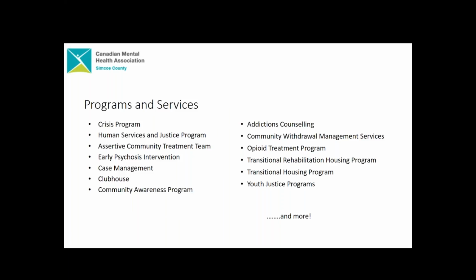In terms of the types of services offered at Simcoe County branch, there's really a broad range, everything from youth justice to transitional housing to opioid treatment. We have both ACT services and early psychosis intervention services. We're also responsible for the region's crisis line and mobile crisis program, as well as a fuller range of case management and justice services.